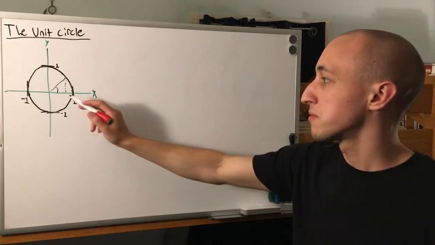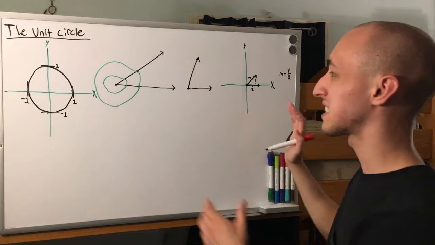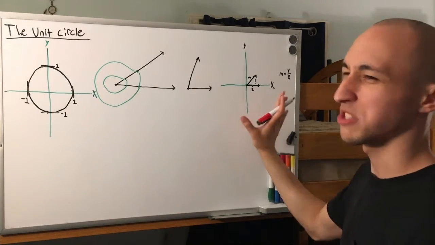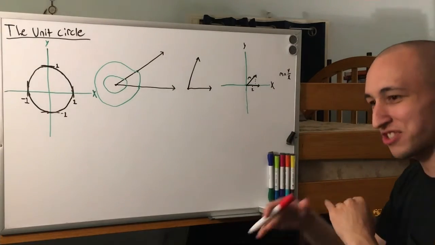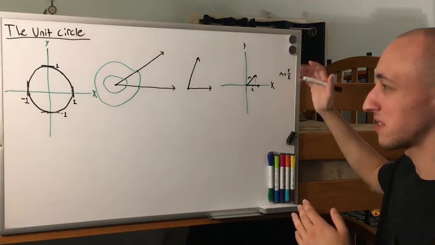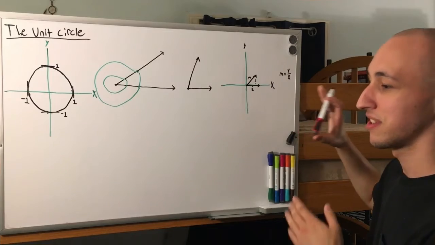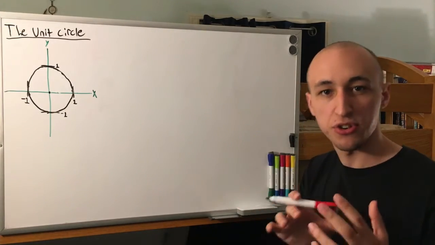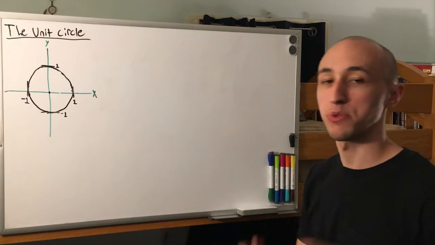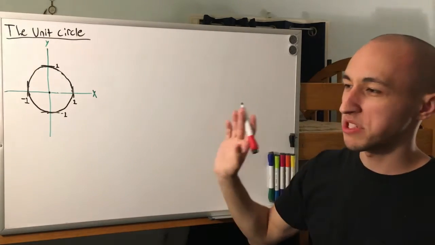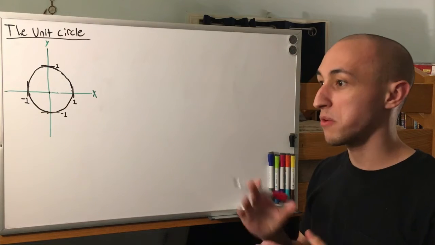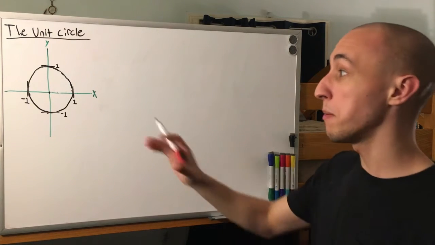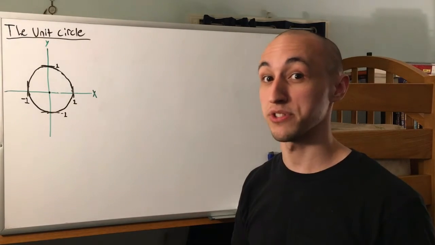Okay, so how do we translate from the world of angles to the world of slopes, slopes slash y values slash x values? Now that we've combined our graph and our circle into the unit circle with a radius of 1, we have to establish some ground rules. At what point on the graph is the angle 0?